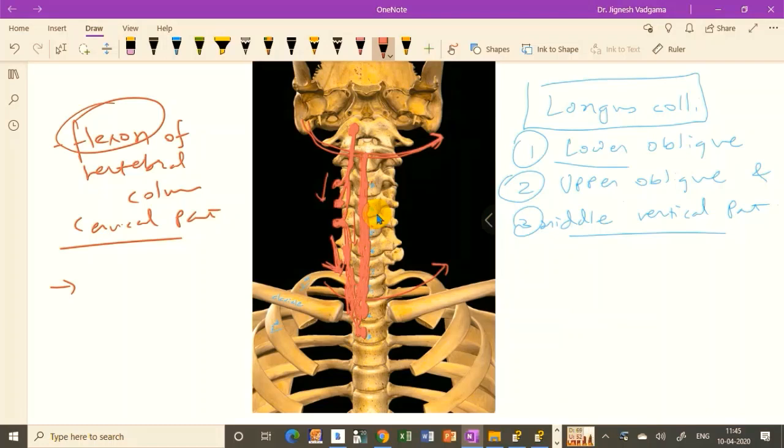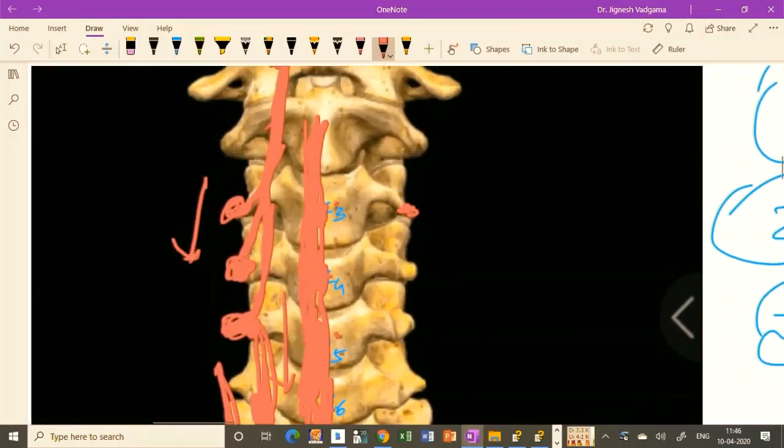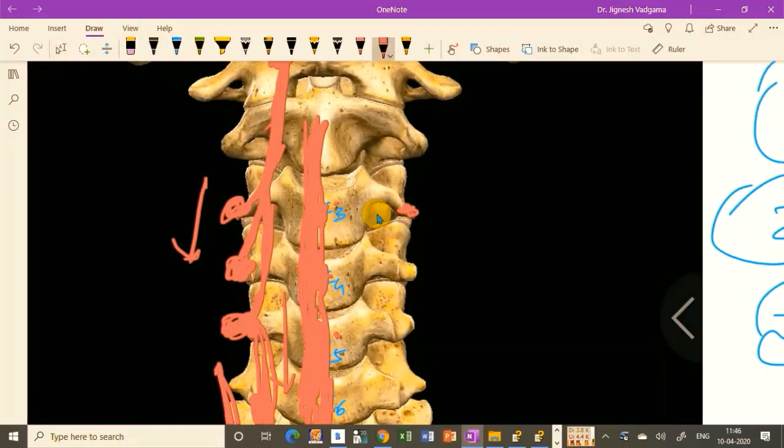Now let me talk regarding the longus capitis muscle. This longus capitis muscle arises from the anterior tubercles of the transverse processes of C3, C4, C5 and C6 vertebrae.